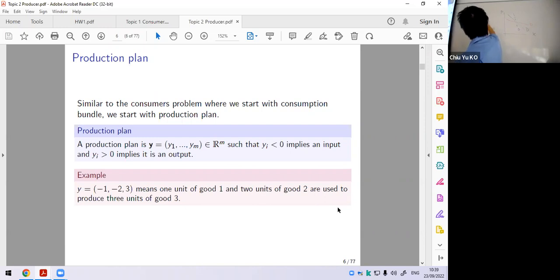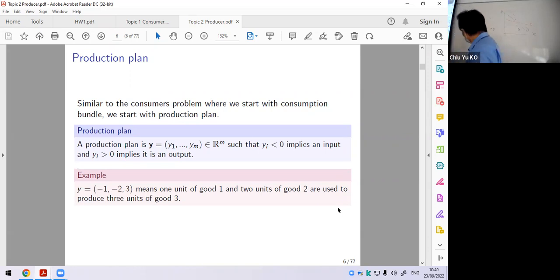Actually, you can't have this. Why? Because if you could have this point, it means you are God, you're a creator. You create something from nothing. What is possible is only these two regions. Suppose, what does this point mean? You are consuming this amount as an input. Maybe I use the blue color.